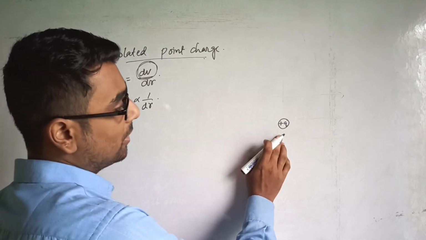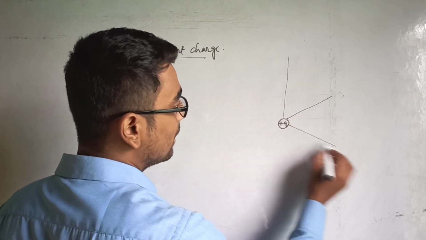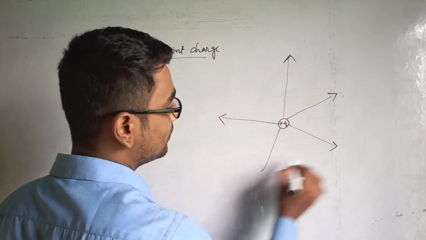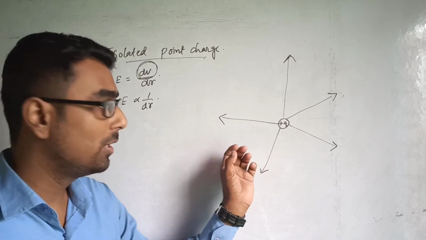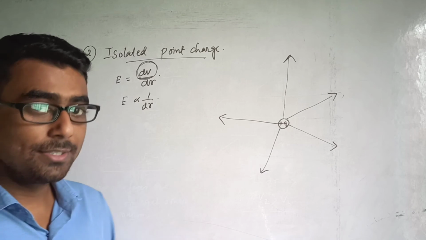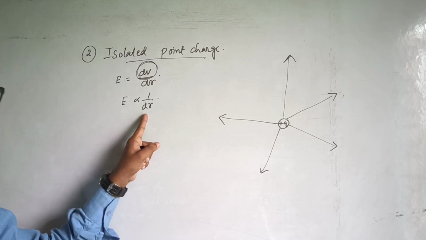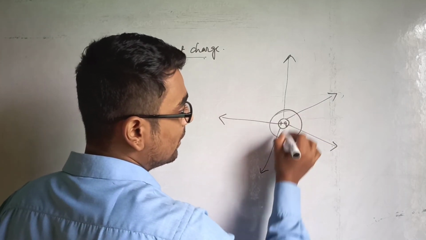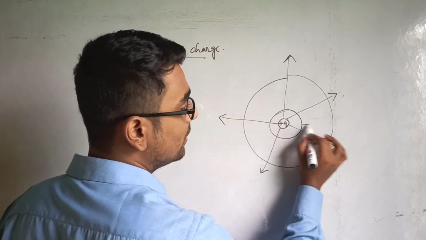Now if here is a positive charge, the electric field will be emitted like this, in the outward direction. That means as we move away from the positive charge, the electric field will decrease. As the electric field decreases, dr will increase. The first equipotential surface will be here, the second there.